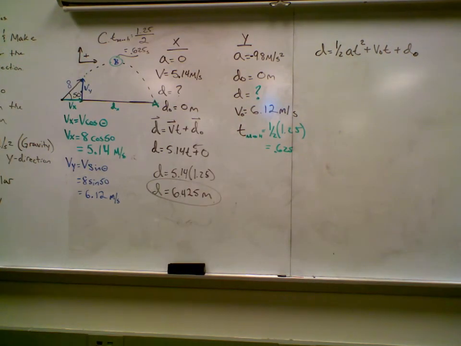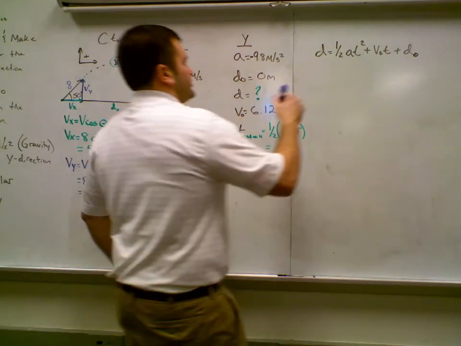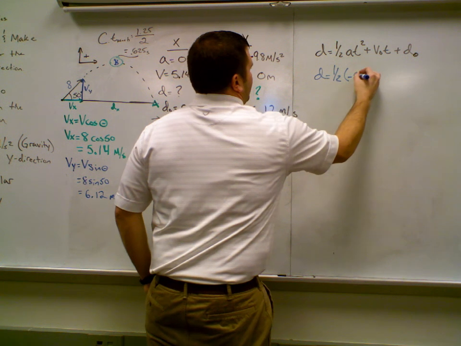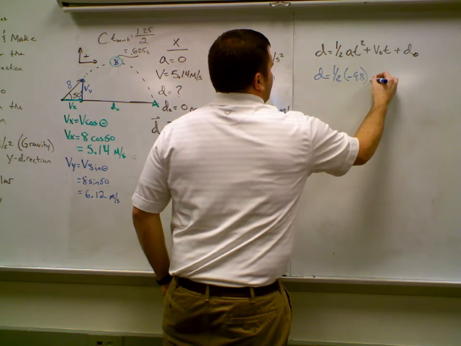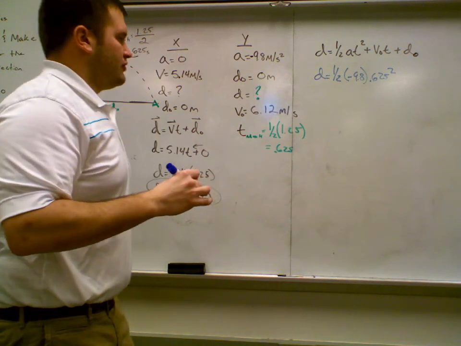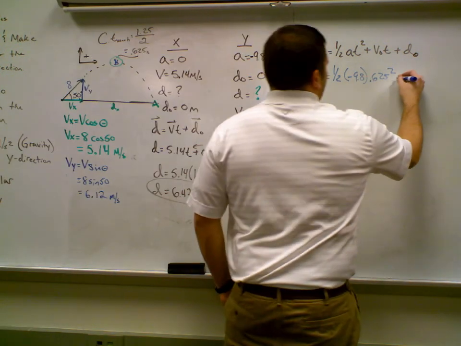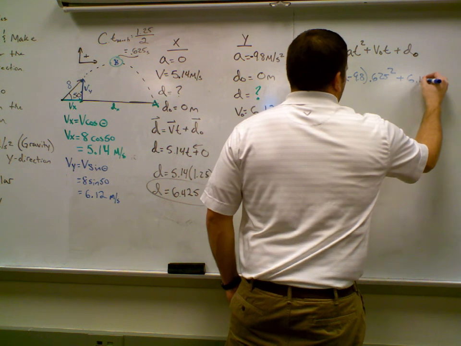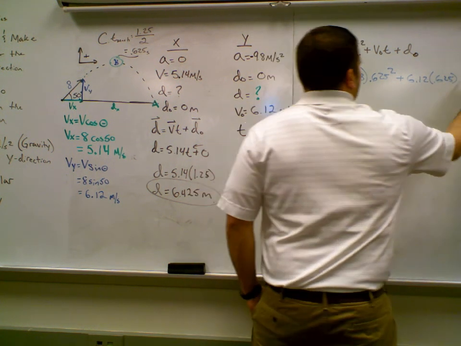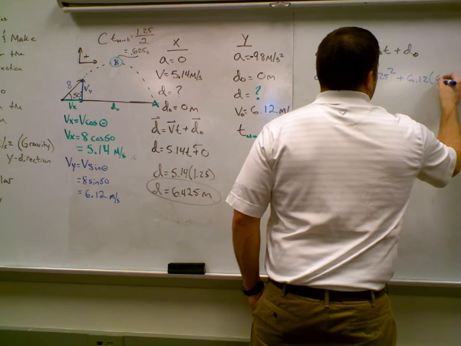Let's plug in what we know. So d we're trying to find: 1/2 of negative 9.8 times 0.625 squared plus 6.12 times 0.625 plus 0.